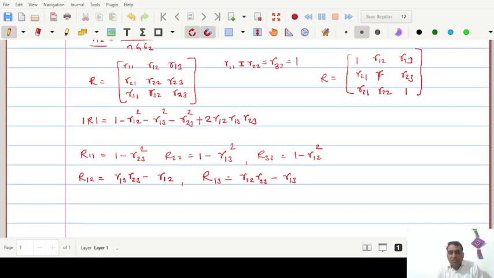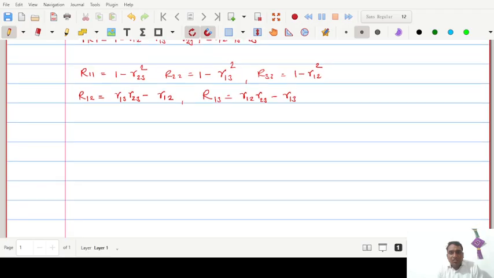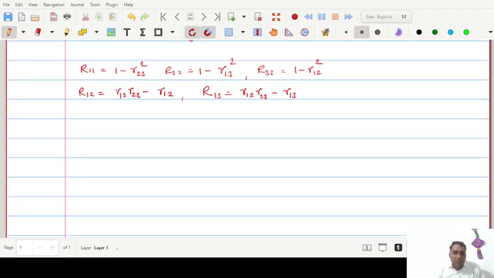Then to fit the regression line of x1 on x2 and x3, we use the equation for fitting of the regression line x1 on x2 and x3.